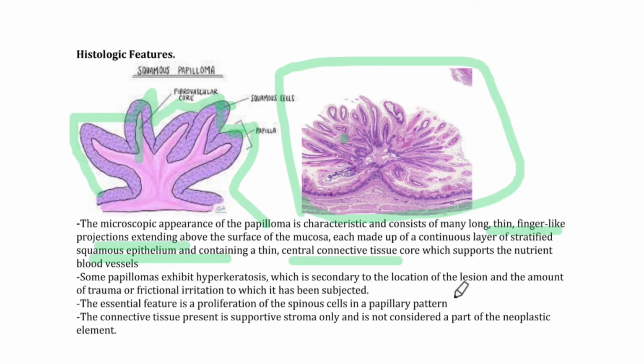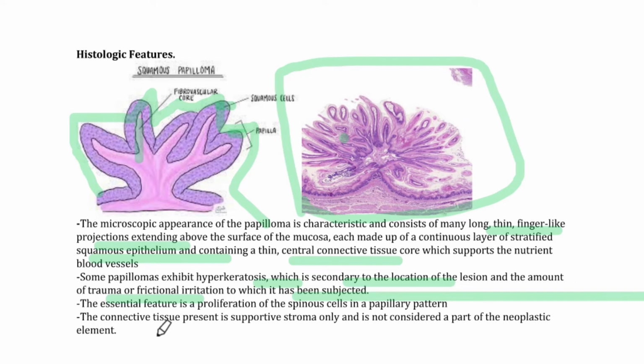Some papillomas exhibit hyperkeratosis, which is secondary to the location of the lesion and the amount of trauma or frictional irritation to which it has been subjected. If it has gone through a trauma or frictional irritation, then it will have more amount of keratin.